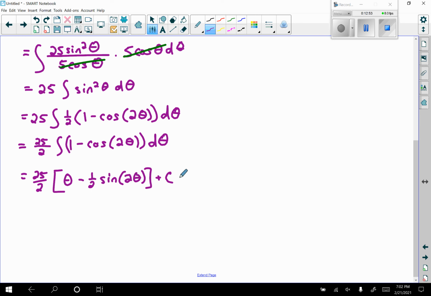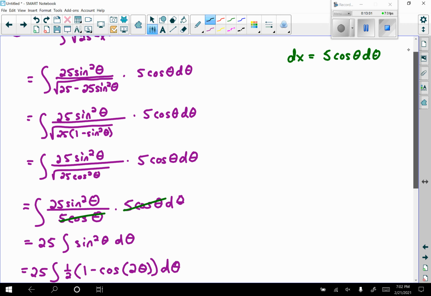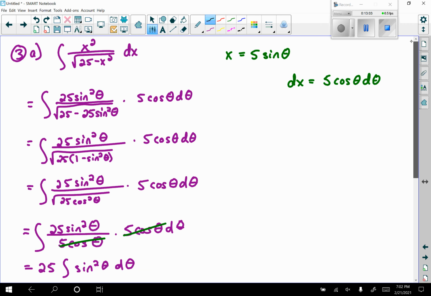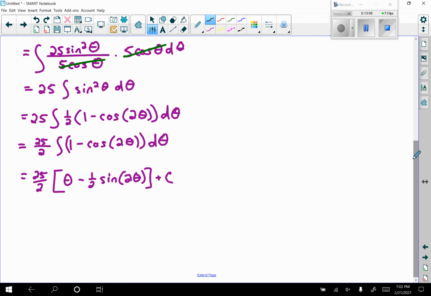So now we reach the point where we can't do anything else, but we want to take that theta and put it back in terms of x. So this is where I draw the right triangle off to the side. So I go all the way back up to the top here. X is equal to 5 times sine theta, which means sine theta is equal to x over 5. And I draw the right triangle.